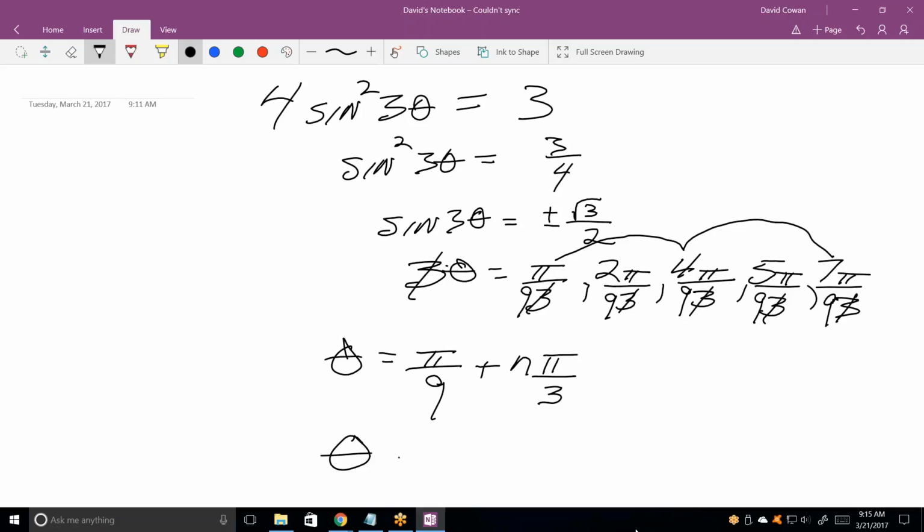And the other one, you take the second one, you jump to that one, and we know it's going to be the same because the next one we're going to jump to is going to be 8 pi over 3. So it is 2 pi over 9 plus that same n pi over 3.